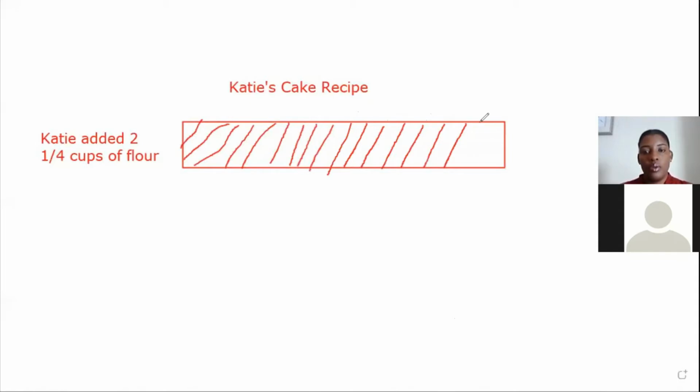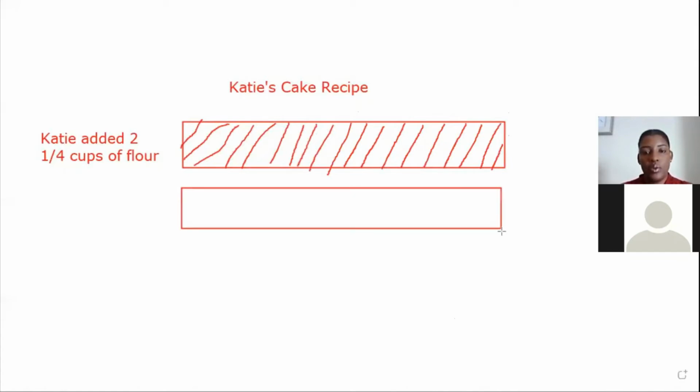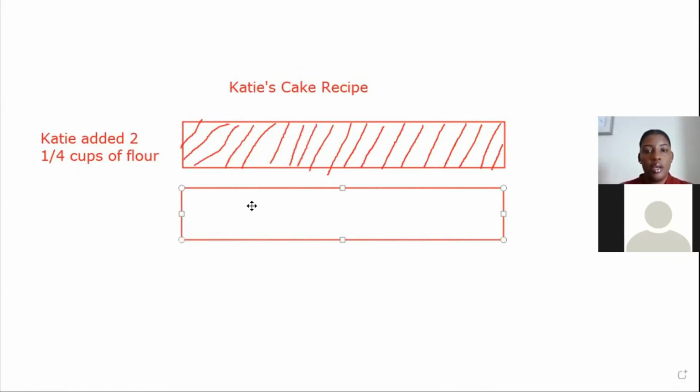So we're shading this whole completely. Let me draw another fraction bar, roughly about the same size to represent the next whole, because it says that there's 2 1/4. So we're trying to get 2 wholes.